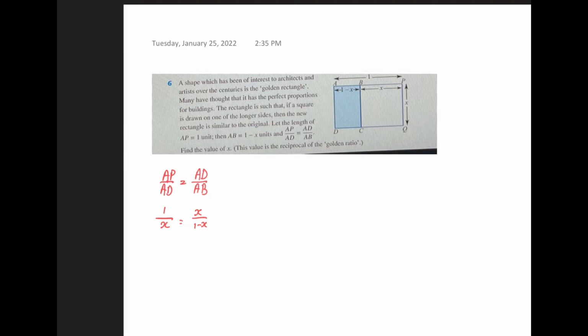So we cross multiply. Can I just check something? When you say AP, you mean the whole thing, which is 1, correct? Yes, the whole thing, 1. And AD is x.